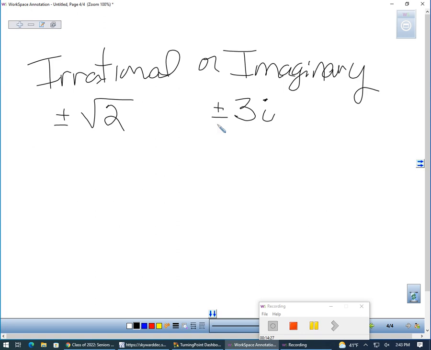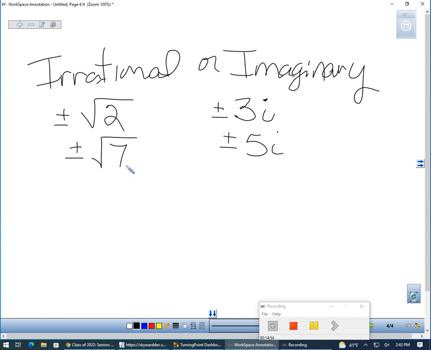Let's combine them together. Let's say I have negative square root 7. That also means I have a positive square root 7, right? If I had negative 5i, I would also have a positive 5i.